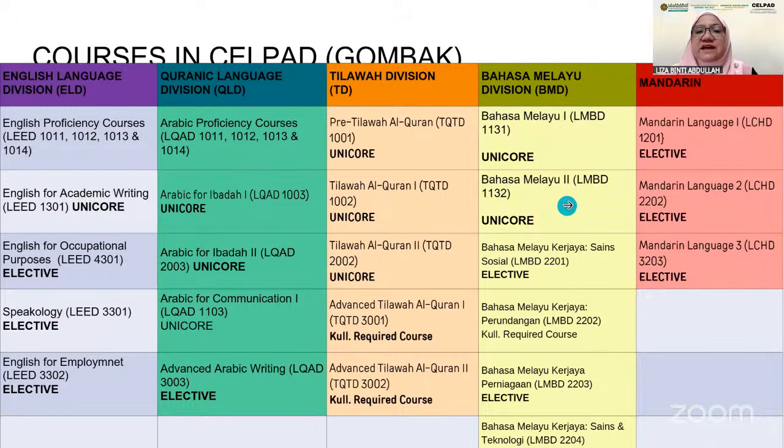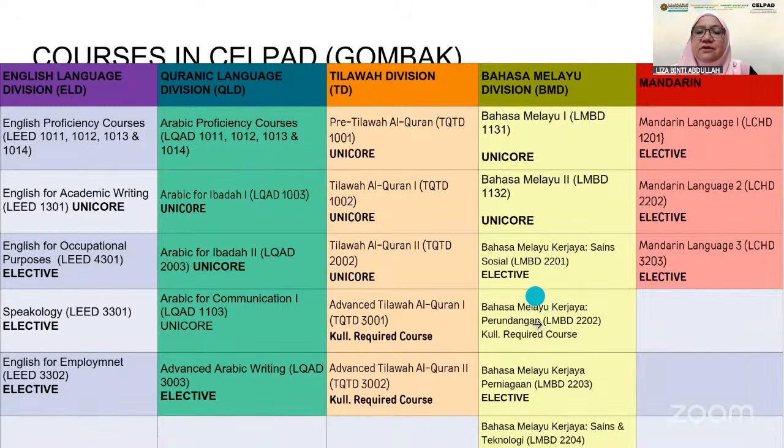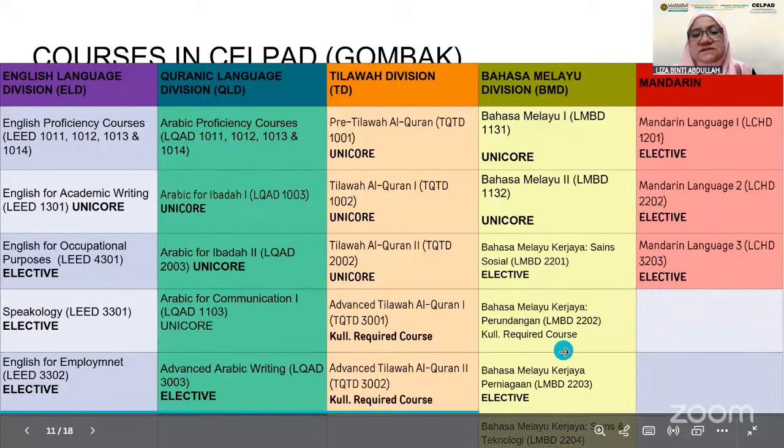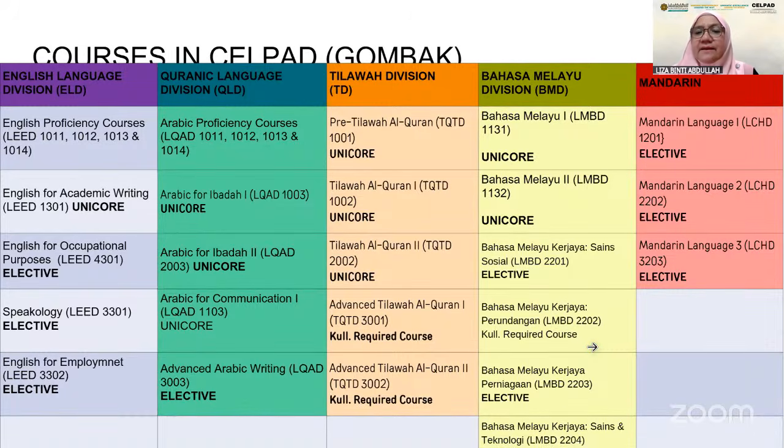Not those with SPM. If you have SPM, you're okay. You can only take the electives. Electives here, Kerjaya. We have perundangan for law. Law is a kulliyyah required course, but the others are electives, but normally you will take it based on your study plan.